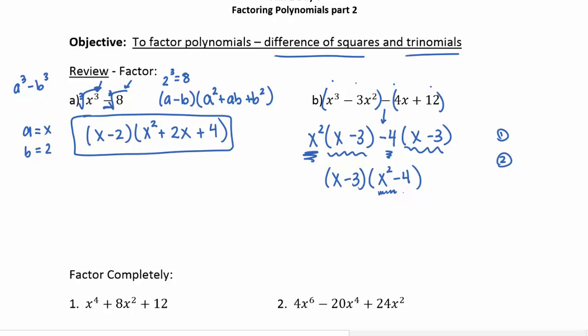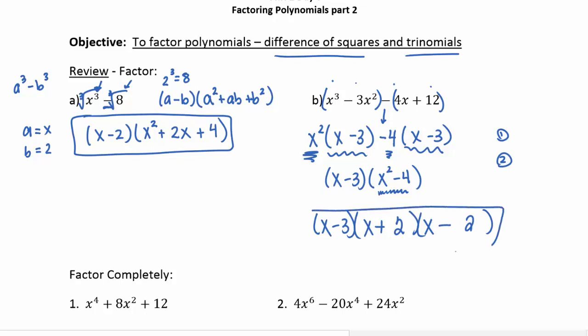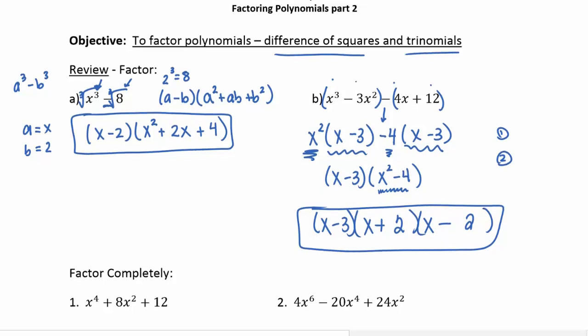This x squared minus 4 is a difference of two squares. We're going to talk about this more today, but a difference of two squares can be factored. So I have x and x. The square root of 4 is 2, one positive, one negative. If you were to check your insides and outsides, you'd have 2x minus 2x, which is 0x, because it's not there. So again, you have to make sure it's factored completely.